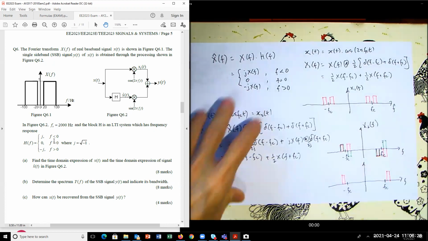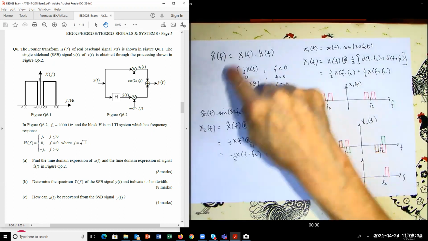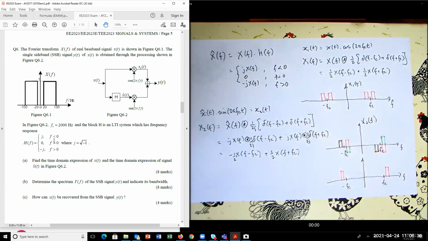That's what happens. This problem is a bit complicated because of this operation here. That's why they call this signal a single sideband signal, as you can see here. There are two sidebands, and one of the bands has been removed.